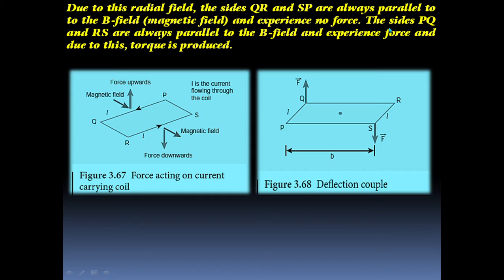That means no force. The sides PQ and RS are perpendicular to the magnetic field. So that is why the charge experiences the maximum force along the PQ and RS direction.